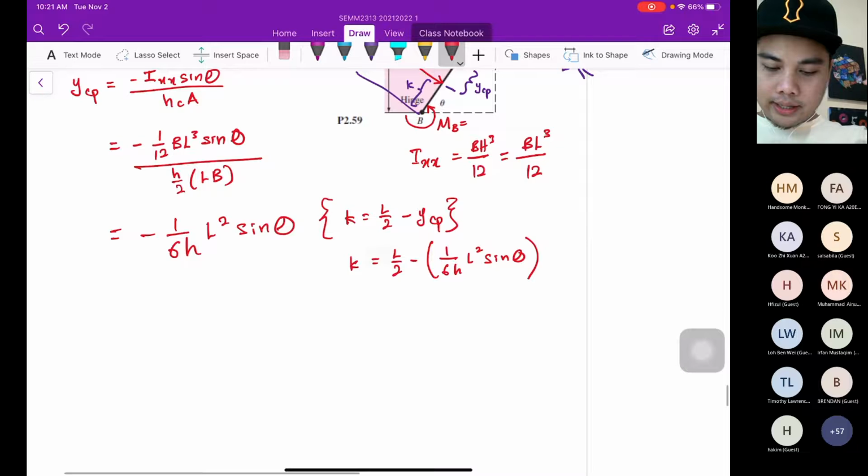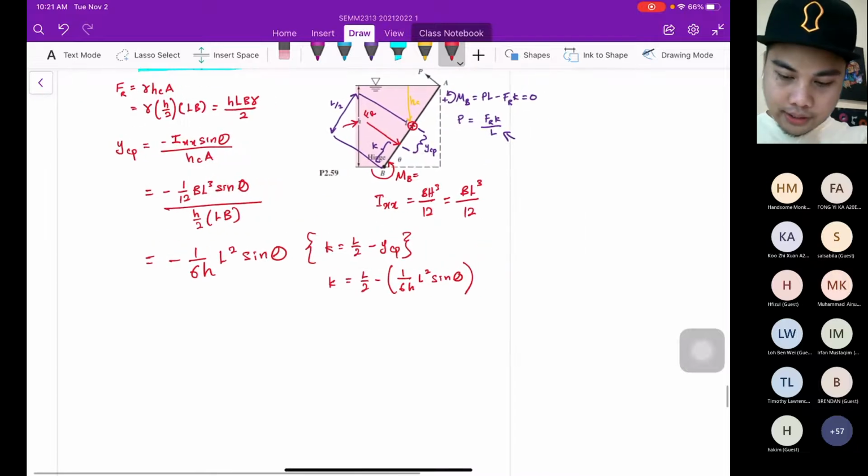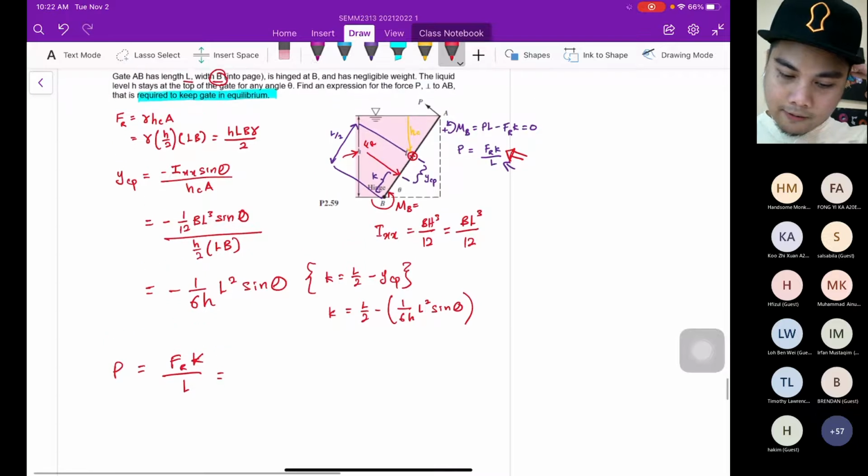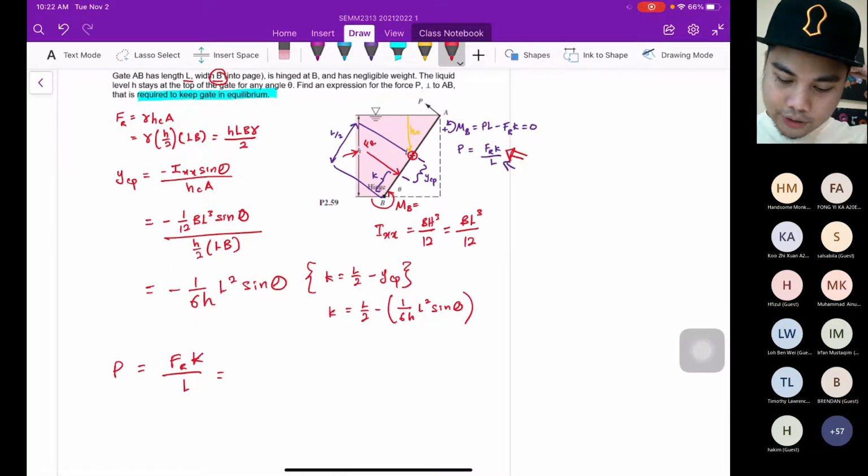So you get the K, put here in the equation, P equal to F R K over L. So FR we discover it is H L P gamma over 2.